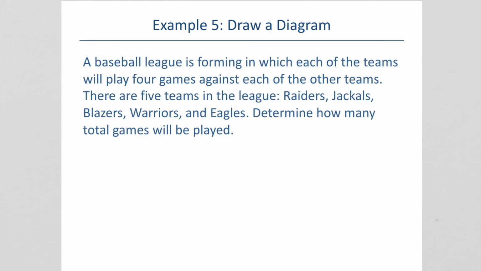A baseball league is forming in which each of the teams will play 4 games against each of the other teams. There are 5 teams in the league: the Raiders, Jackals, Blazers, Warriors, and Eagles. Determine how many total games will be played. Well, we could set this up by doing a diagram.